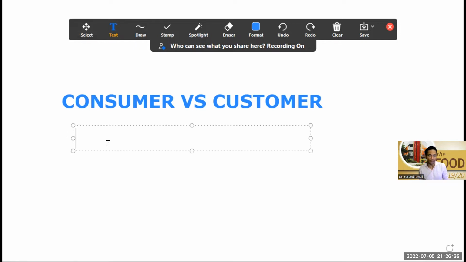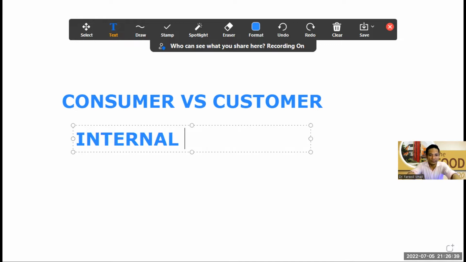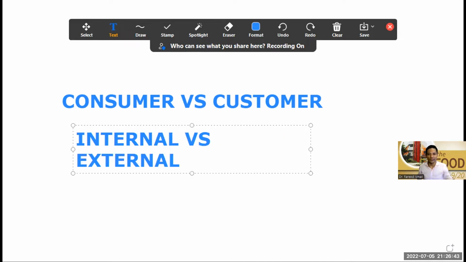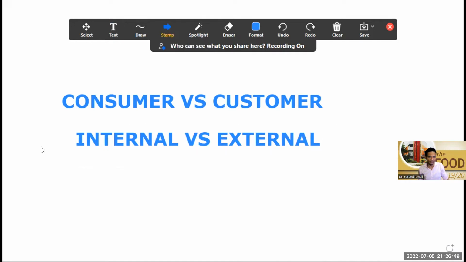The second term that I would like to introduce is between internal versus external consumer. Okay, we're still talking about the consumer. Now, internal consumer.